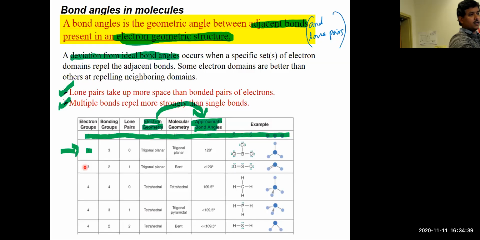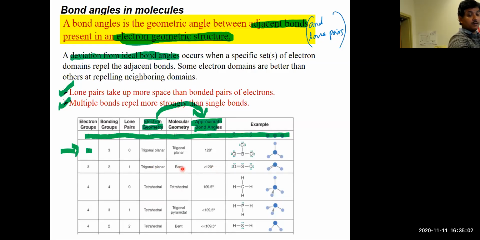But when you have 3 electron groups in the next case, where one of them is a lone pair, the bond angle is going to be approximately 120, but less than 120. This is why I say the bond angle is decided by electron geometry: the electron geometry is trigonal planar, so the bond angle is around 120.